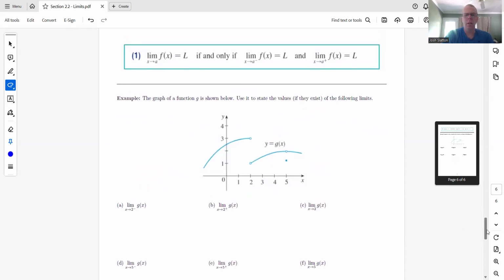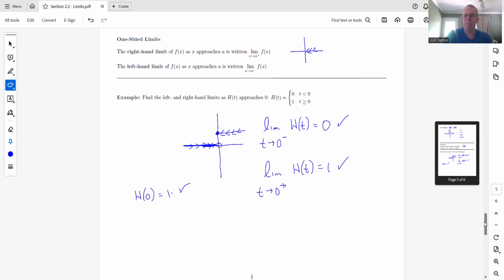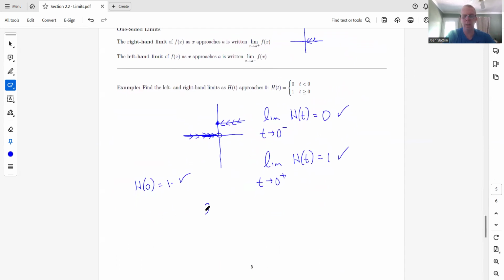All right, so like I just said, the limit as x approaches a equals L if and only if the left and the right-hand limits are both L. So in that last example, the limit as t approaches 0 does not exist because these two are not equal. So for this to exist, these two have to be equal.